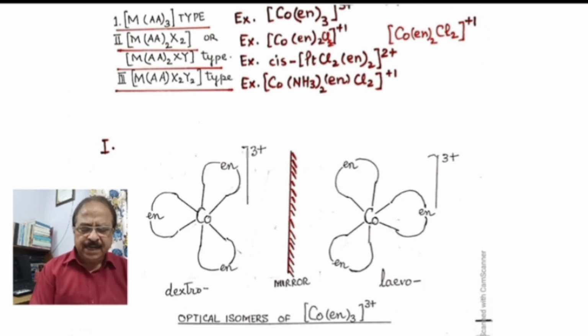On the left hand side there is a structure in which three ethane-1,2-diamine ligands are linked to the cobalt ion. And look at its mirror image. These two cannot be superimposed on each other, so they are optical isomers of this cobalt complex.